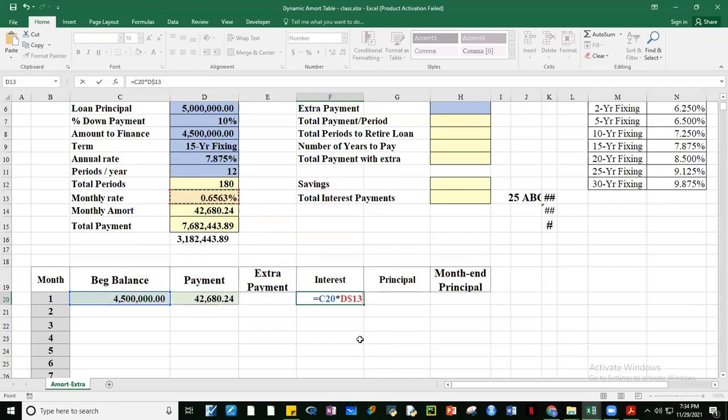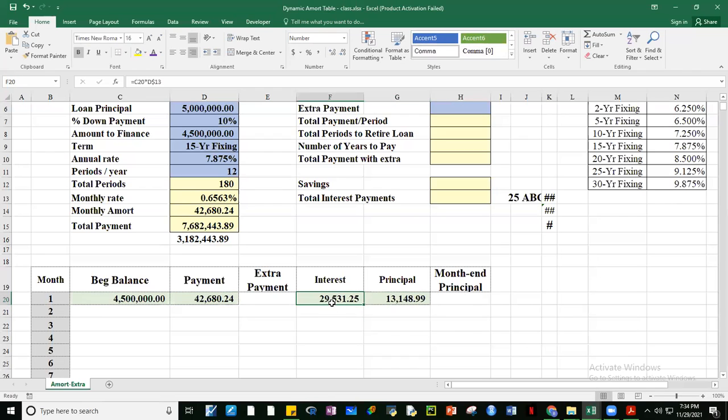Para pag binaba natin, okay pa rin yung formula natin. Payment nga pala guys should be fixed natin yung row kasi ikakopy natin pababa to eh. So ayaw natin na magbabago yung row position niya. Okay. Principal will still just be magkano yung binayad natin minus magkano yung interest payment. So ito matitira na lang sa principal.